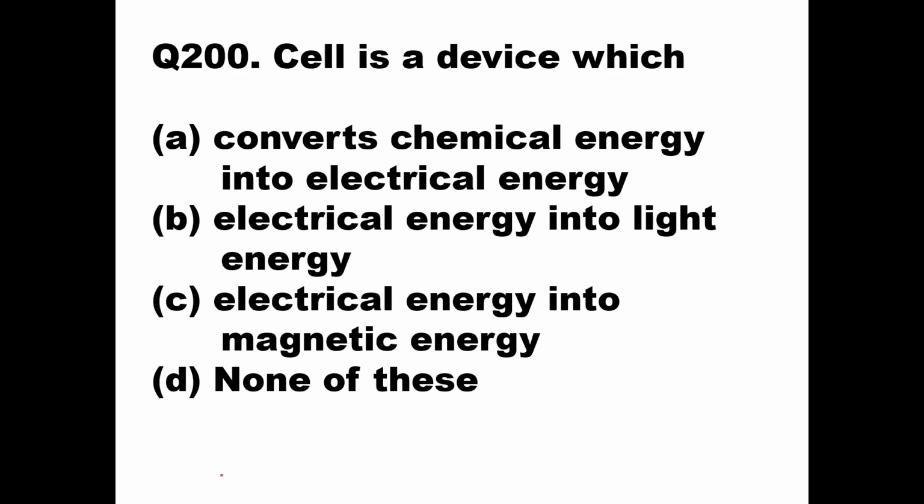So option A will be the right answer. This is a basic definition of a cell. It is a device which converts chemical energy into electrical energy. And many cells together will form a battery. Okay. So here option A will be the right answer.